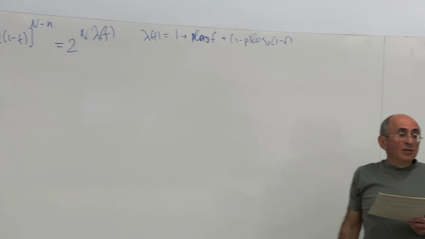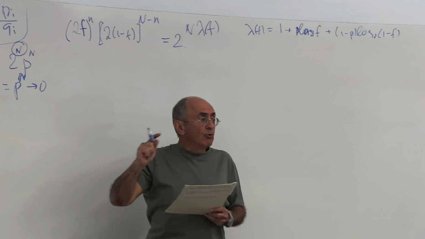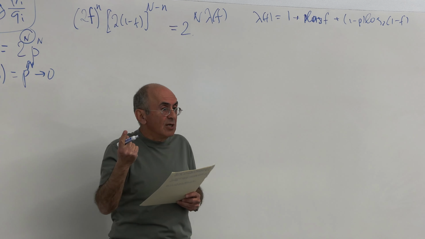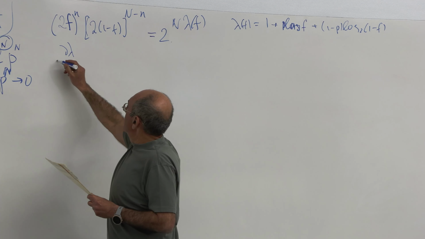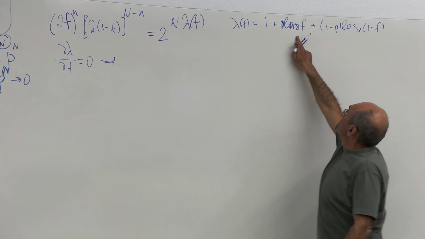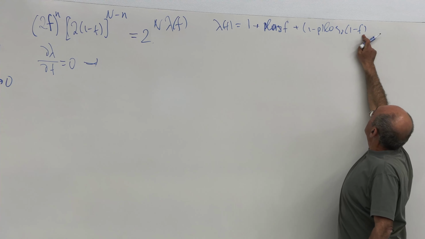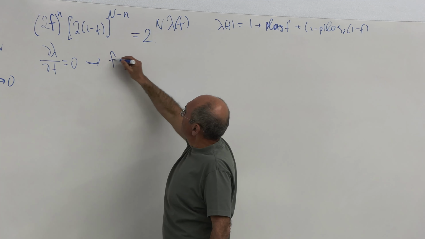Now what you need to do, of course, is to look for an extremum. You're looking for a maximum of the geometric mean, not the arithmetic mean, right? d lambda over df equal to 0. If you differentiate this, you get p over f, and so of course f equals p.